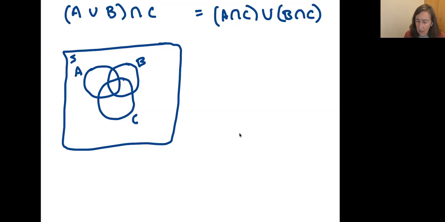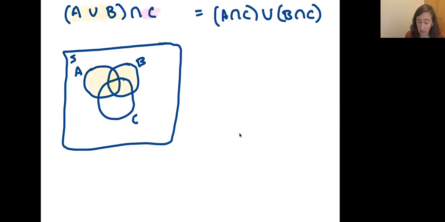I'm going to use color to denote the sequence of operations. So let's use yellow to denote A union B. A union B is everything in A, all this right here, everything in B, all that right there. And then we're going to find the intersection of that with C.